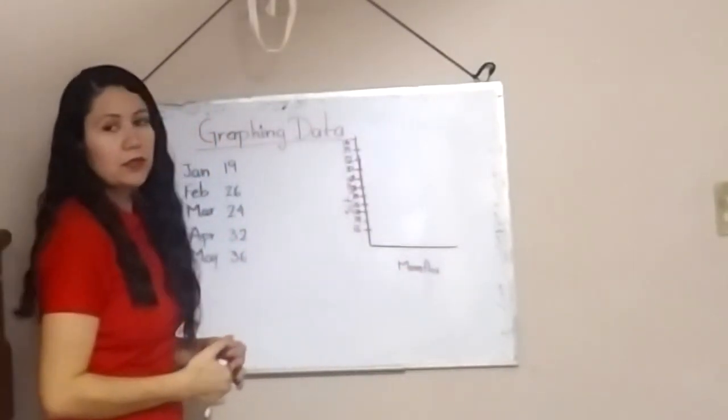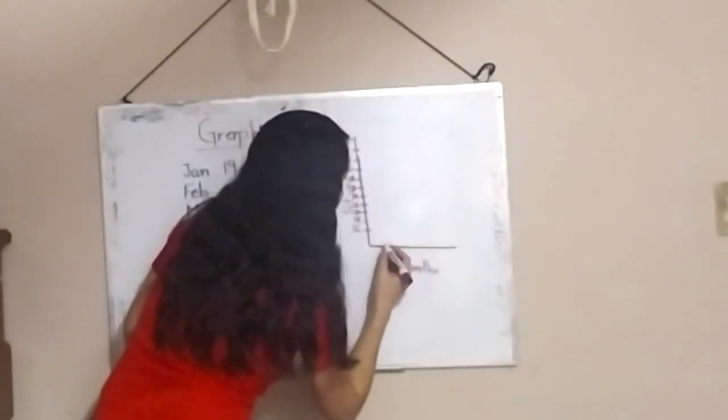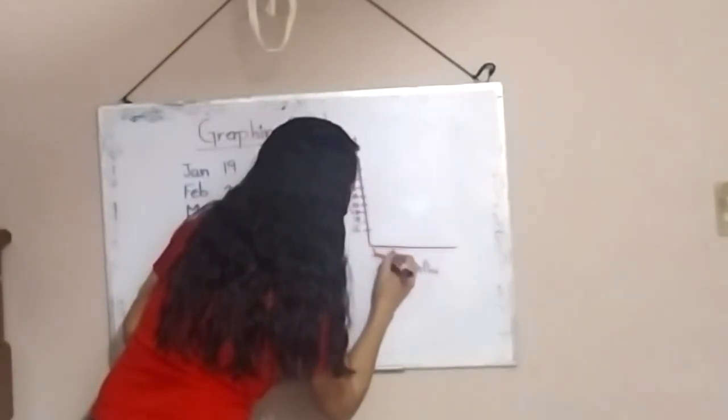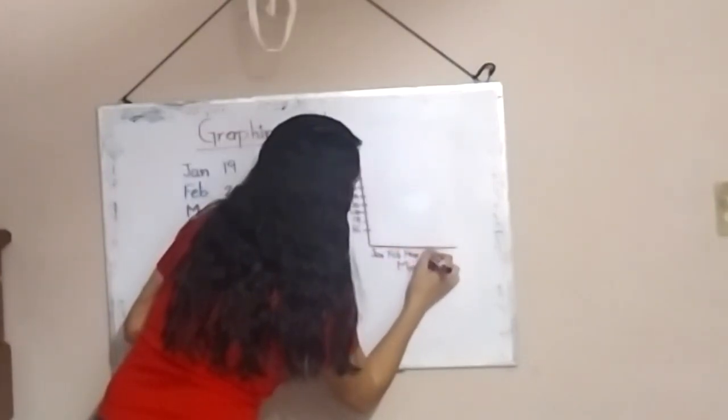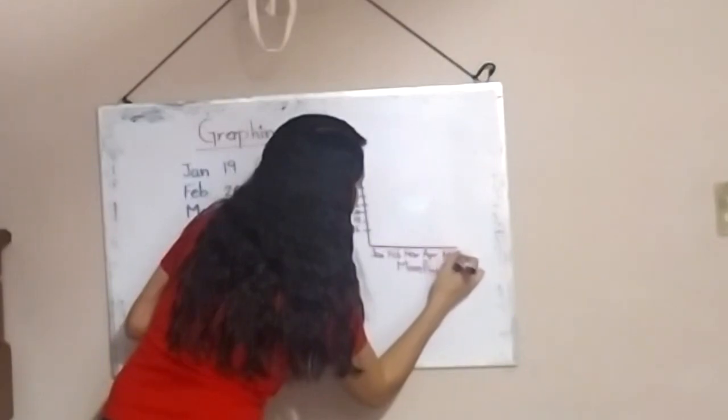We will also label the months. We have January, February, March, April, and May.